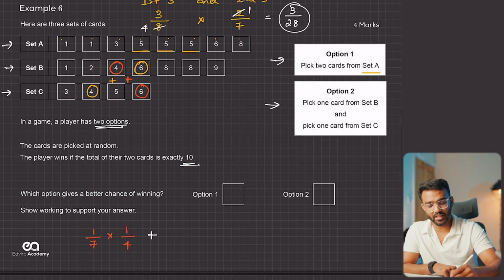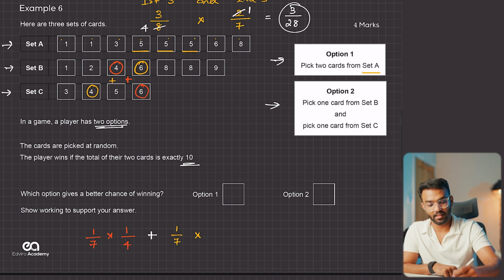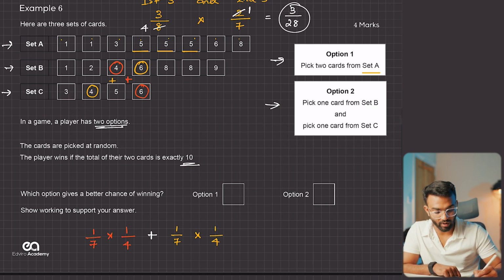And what is the probability of picking a 6 from set B? That would be 1 out of 7 times, which means you're picking 1 card out of set C, which is 1 by 4 as well. So when you work this out, you're having 1 by 28 plus 1 by 28, and that would be 2 by 28, and that is 1 by 14.